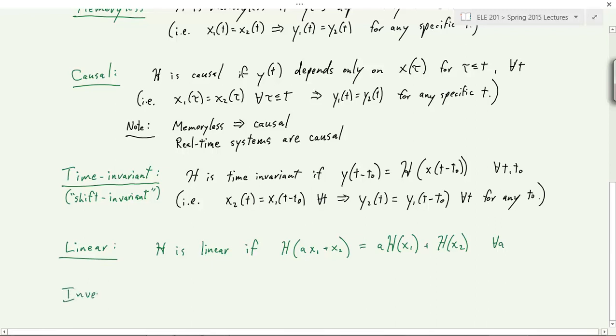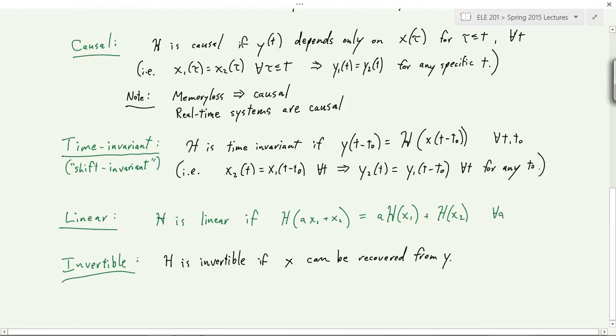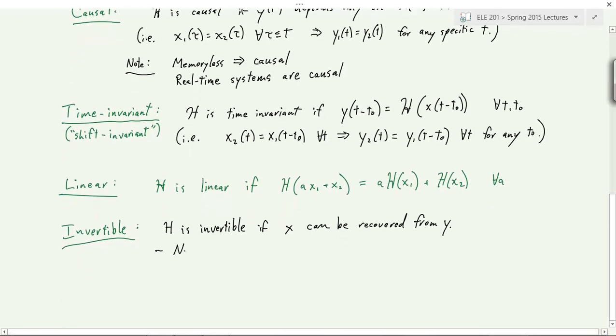Okay, invertible system. This means that you don't lose any information through the system. So it's invertible if x can be recovered from y. This would mean, as I said, no loss of information.